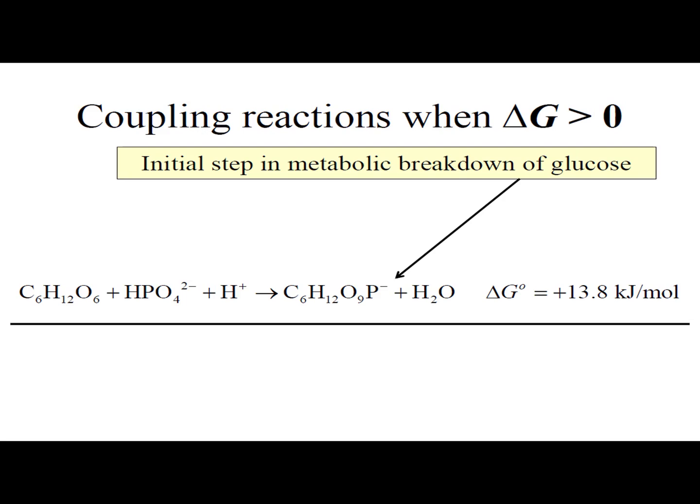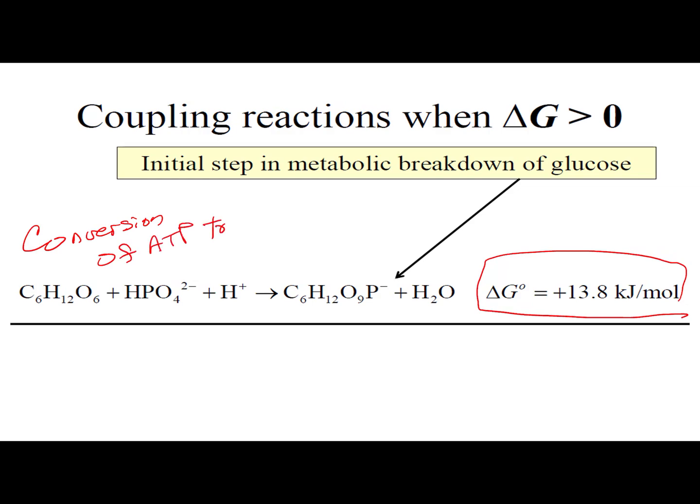This is actually what happens in the metabolic breakdown of glucose. And so notice that the delta G of this is not a thermodynamically favorable process. And so what happens in the first part of cellular respiration, there is a conversion of ATP to ADP and phosphate.